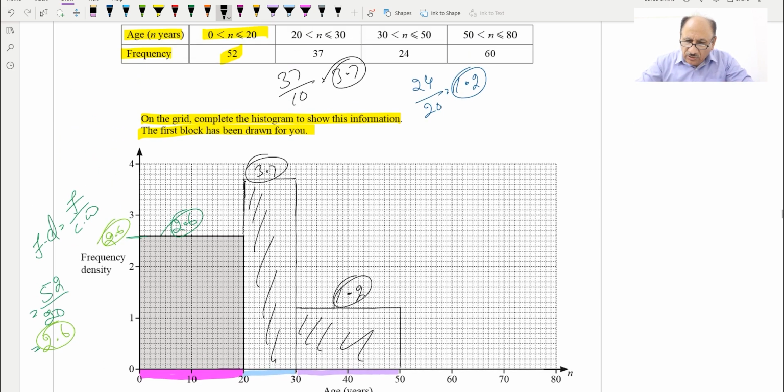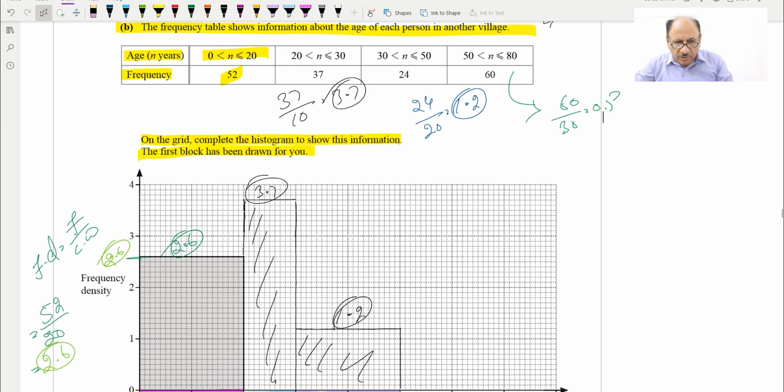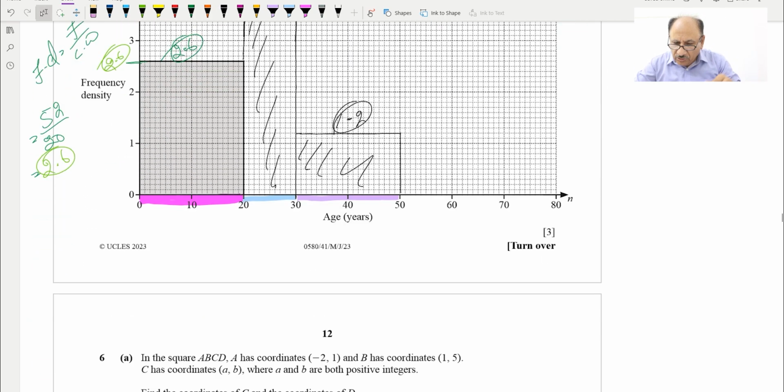And the last one, if we calculate, is 60 over 30, which is equal to 0.5. So 0.5 will be, no, not 0.5, it will be 2 basically. So this will be 2, and we can take the height from 50 to 80.